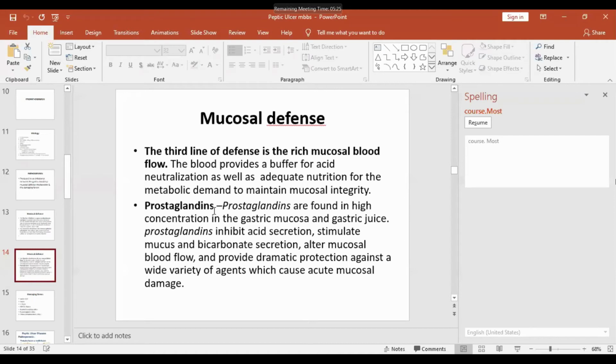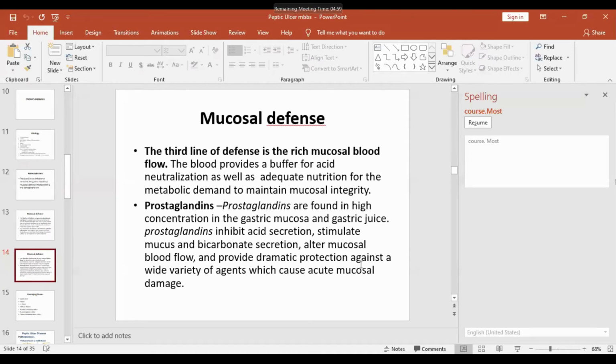Prostaglandin and prostacyclin, that is I2, E2 and so on. Prostaglandins are found in high concentration in gastric mucosa and gastric juice. What is their function? They inhibit acid secretion, stimulate mucus and bicarbonate secretion, and increase mucosal blood flow.